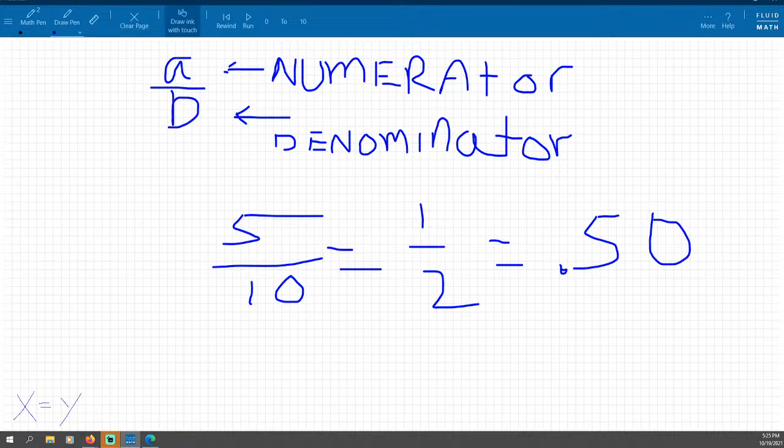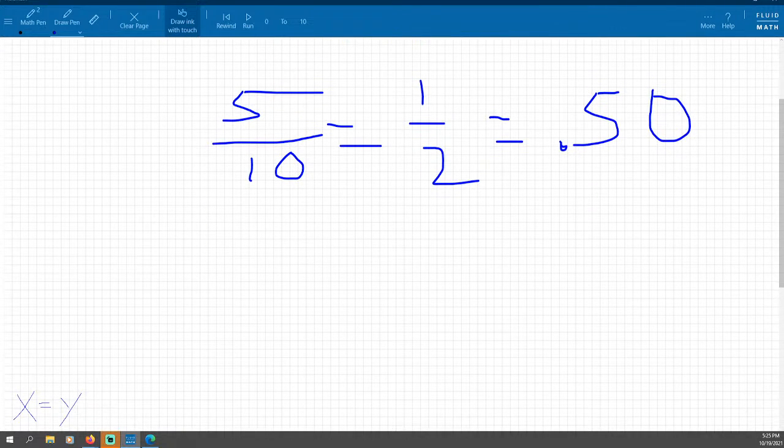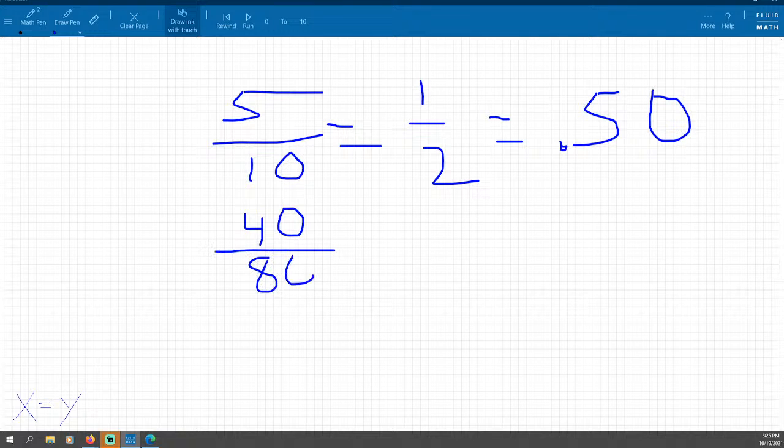So if you have something like, let's see, what would be another version of 1/2? 40 over 20. No, 40 over 80. So this is also 1/2. And you could say they have equal or common factors of, let's say, 10.